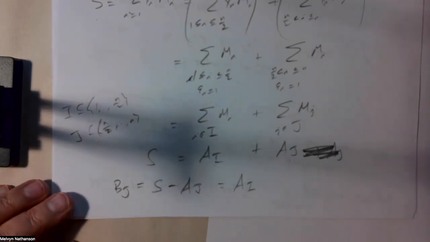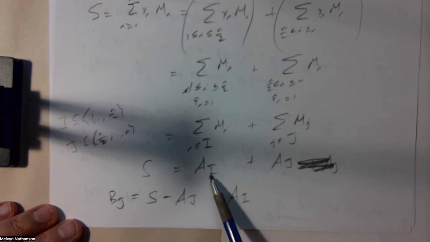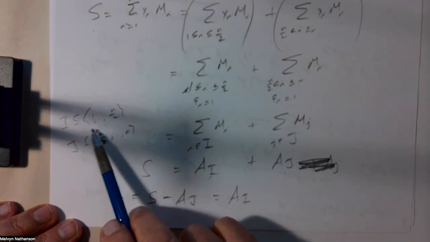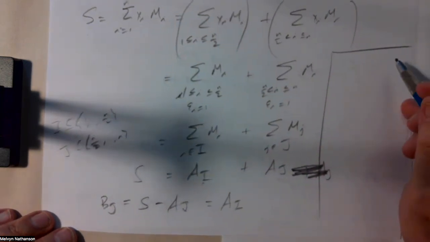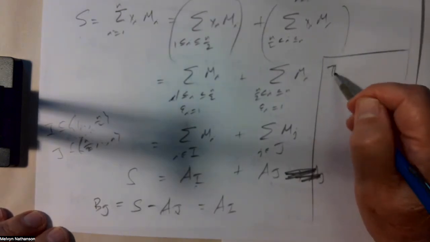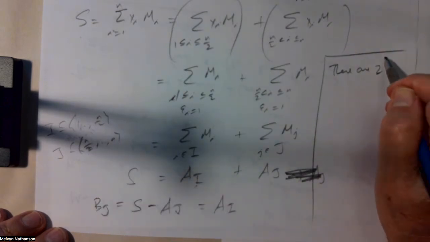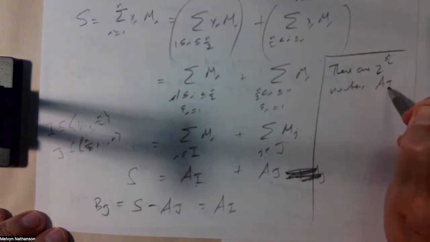So now you have to stare at this paper for a few minutes and observe the following. a_i is a subset sum from the first half of the numbers, from 1 to n over 2. So there are not 2 to the n, but 2 to the n over 2 numbers a_i.